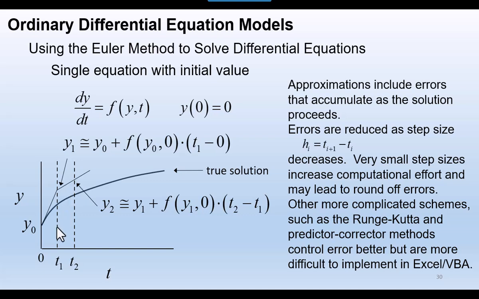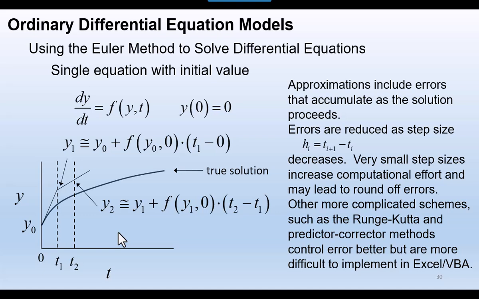And as this goes on, with our exaggeration here, the error between the true solution and the approximation can actually grow. Of course, one could imagine that, for example, between 0 and t1, if I used 100 small intervals, then the approximate solution might be following the true solution very, very closely.